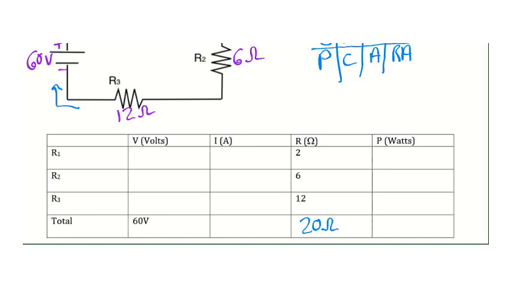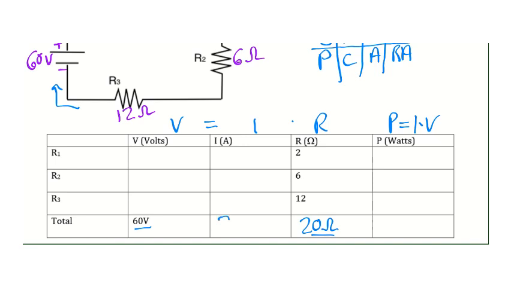So again, my first step was finding my total resistance. My second step is going to be finding my total current. Recall the way the table is laid out. Voltage equals current times resistance, and power is equal to current times voltage. So I could take my 60 volt total and divide that by my 20 ohms of total resistance.